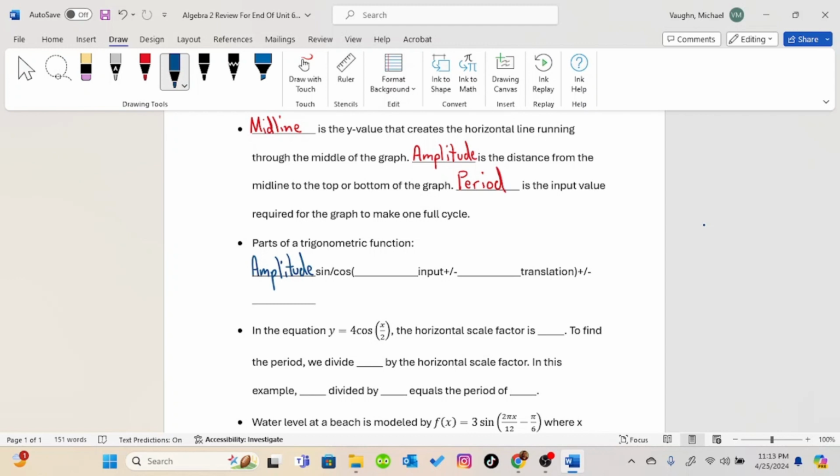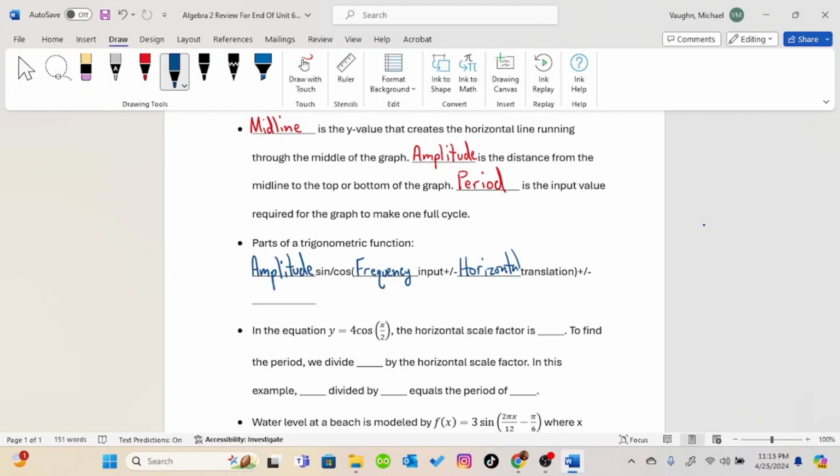Next, we have the number that we are multiplying by the input. This is the frequency. Then we add or subtract the horizontal translation, how much we shift it left or right.